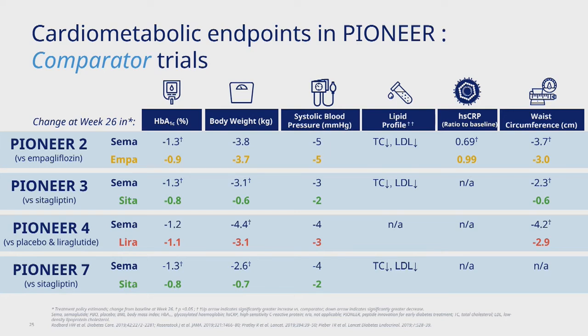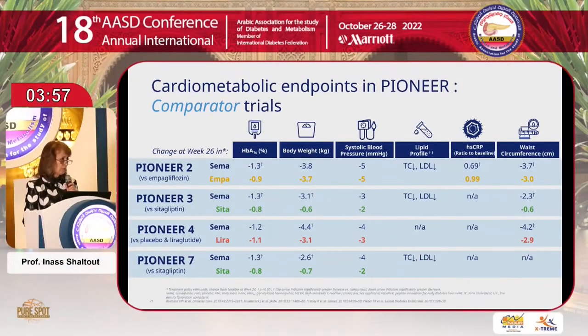In PIONEER 4, semaglutide versus liraglutide, there was better weight control, but let me explain here that liraglutide was only 1.8, not reaching a higher dose of liraglutide. But there was more waist circumference reduction with semaglutide versus liraglutide.